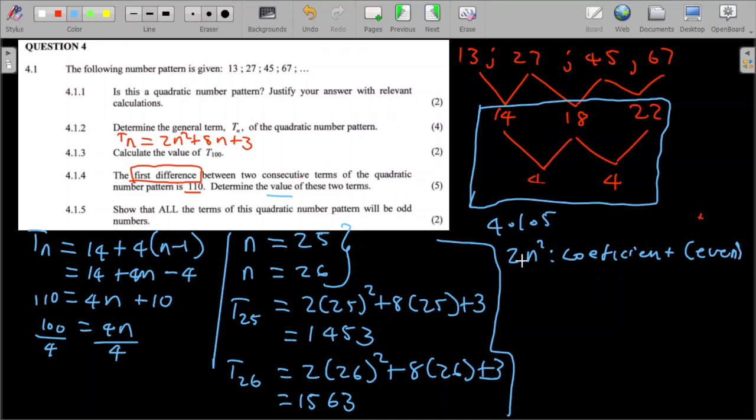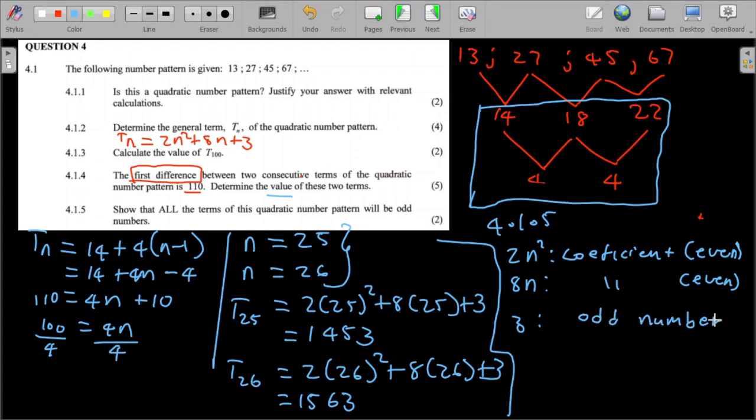And the coefficient b, which is 8n, is also even. And then the c value here, which is 3, is an odd number.